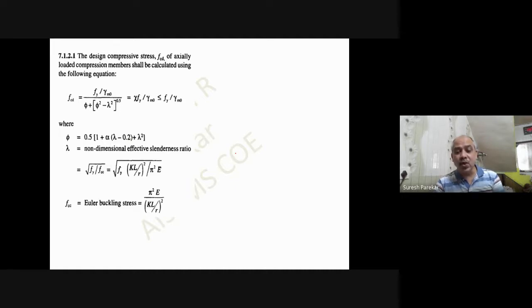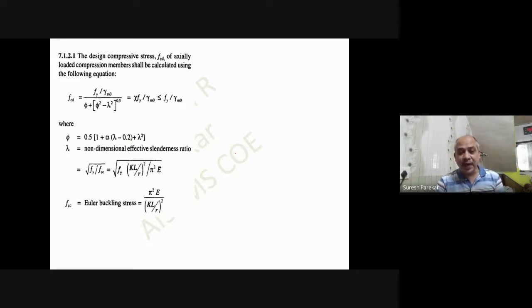Now we should know the tables, so I will revise them. Table 1 in IS 800:2007 we have for properties. Table 2 we have for width to thickness ratio. Table 3 we have for maximum slenderness ratio.